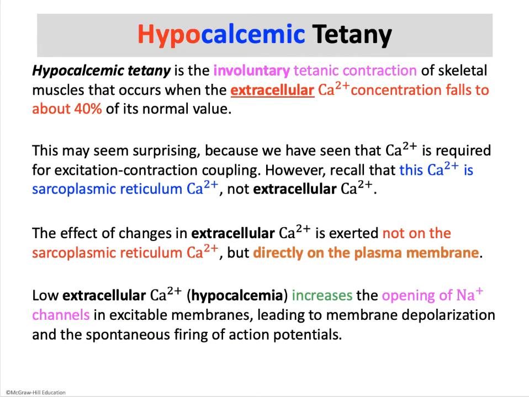Then diseases related to the concentration of calcium in the extracellular fluid. So hypocalcemic tetany is an example here. Even though we don't fully understand how that works, there is a relationship between extracellular calcium levels and intracellular functioning of the cross-bridge cycles.